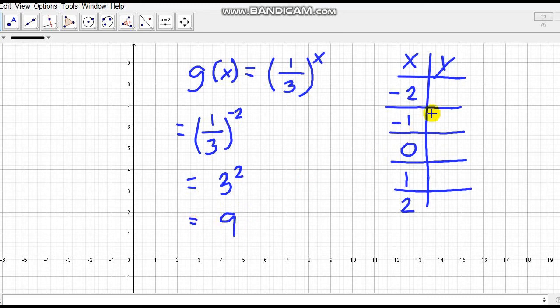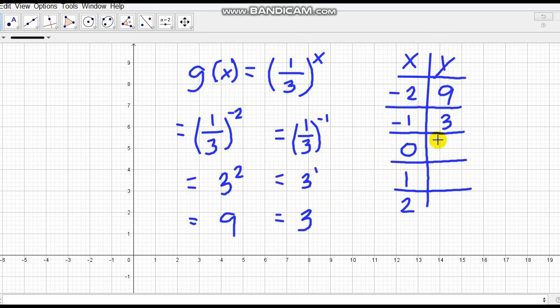So 1/3 raised to -2 is 9. 1/3 raised to -1 is 3. We just follow the steps here, we just replace the -2 with -1. I'll show you the solution. So 1/3 raised to negative 1 becomes 3 raised to 1, which is equal to 3.